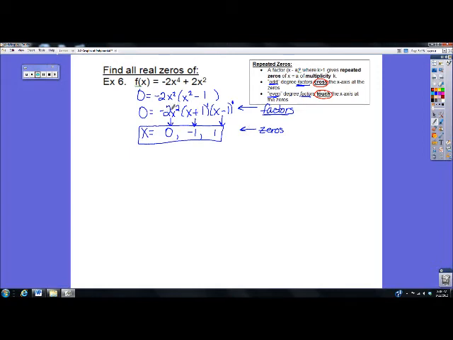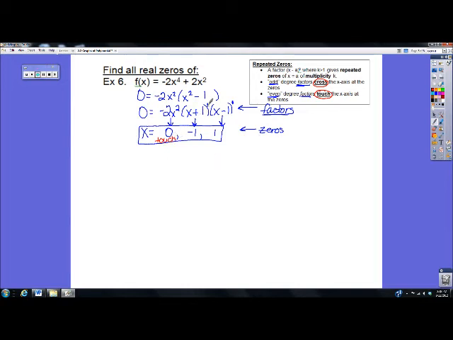Okay, this was negative 2x squared. Squared 2 is an even degree factor. So that means my graph is going to touch the x-axis at this 0. So at 0, my graph is only going to touch at 0. Okay?